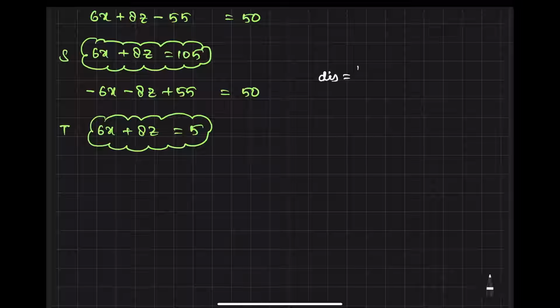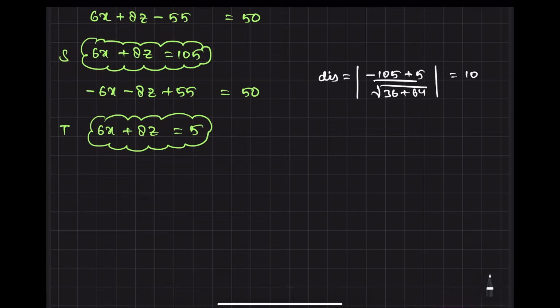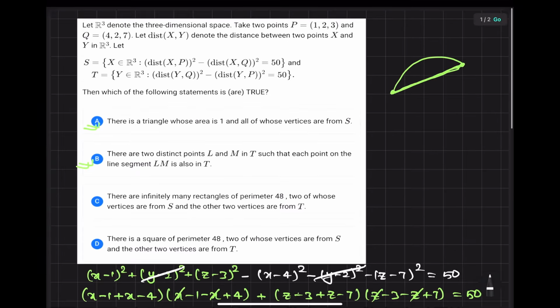So distance is D1 minus D2, so minus 105 minus of minus 5, so plus 5, upon root of a square plus b square plus c square. So 36, 64. So numerator is 100, denominator is 10. So distance is 10.